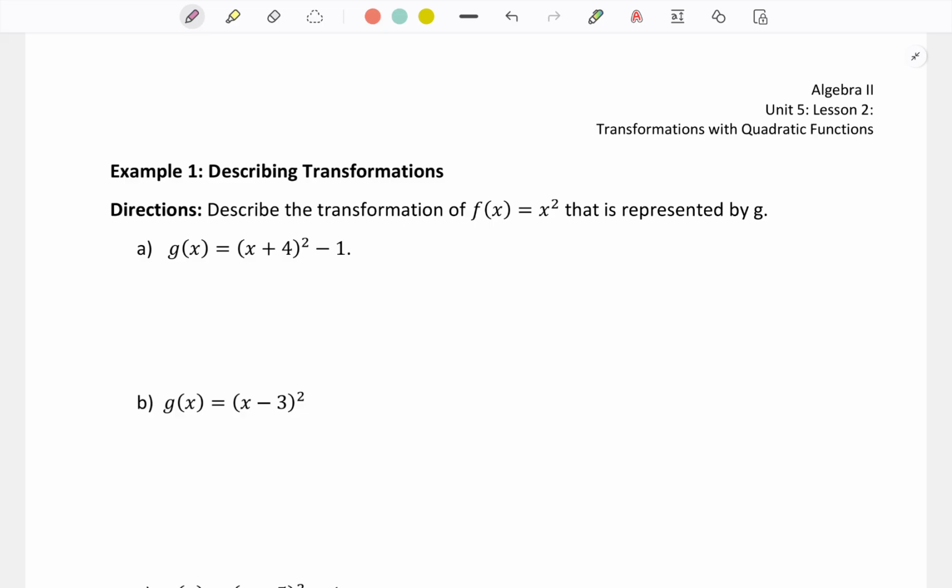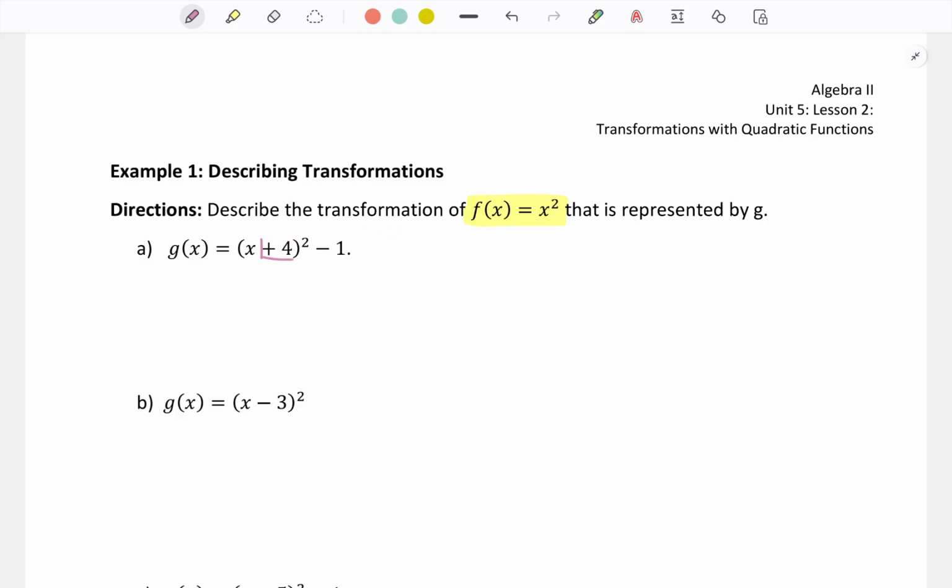Now we are going to describe the transformations of some functions based on the parent function of f of x equals x squared. So we have g of x equals (x plus 4) squared minus 1.